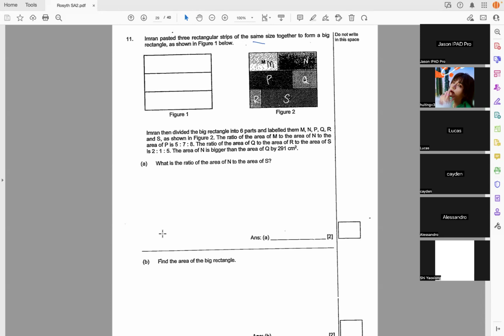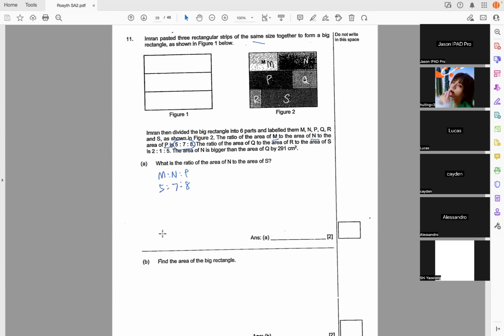Now, the question says, read carefully, the ratio of M to N to P is 5 : 7 : 8.